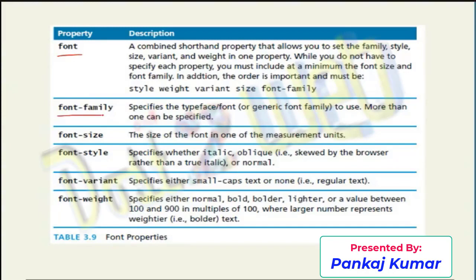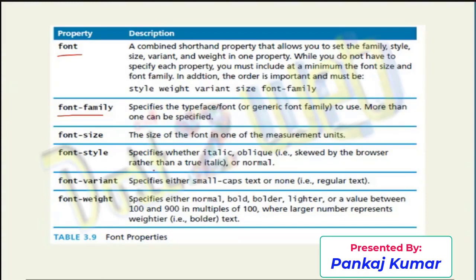When you do the font family, it will specify what type of typeface or font you need, like the generic font family or the font family, whatever you want. Then font size, what size you want, like 4 point, 8 point, 10 point, you can define accordingly. Similarly, font style you can define, that means italic, oblique, and there are others also.